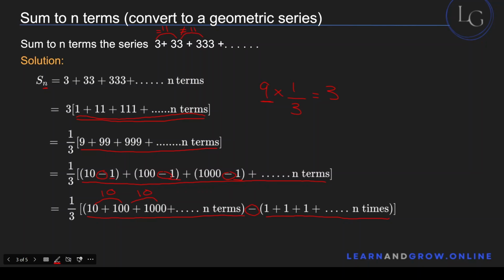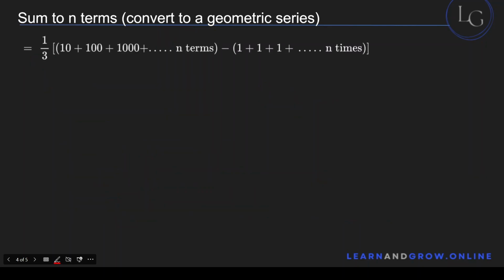So now what we'll do is we'll basically treat the sum of this series as n, and we'll apply the sum till n terms, the Sn formula, for the absolute value of r greater than 1, because it's 10.